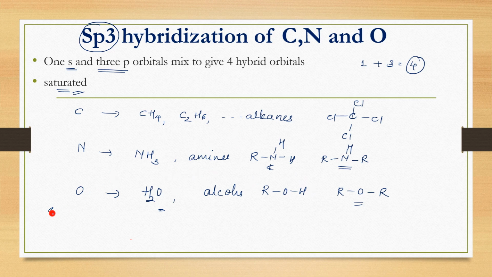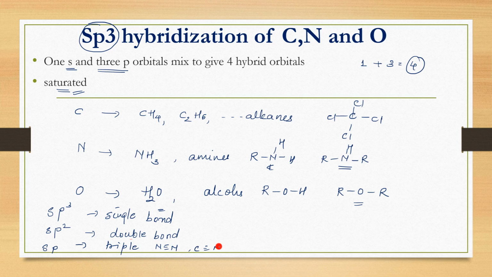Also, I'll quickly tell you, sp3 means single bond, saturated. sp2 is compounds having double bond, so carbon-carbon double bond, alkene, or C=O, okay. And sp is triple bond, nitrogen, N2, N≡N, anything like C≡N, right? So double bond is C=O, O=O, sp2 hybridization. And single bond I've told you, right? So this is about sp3 hybridization.